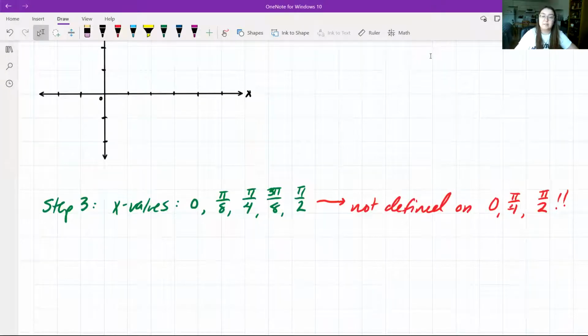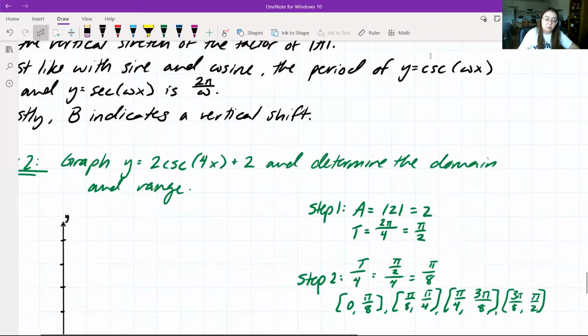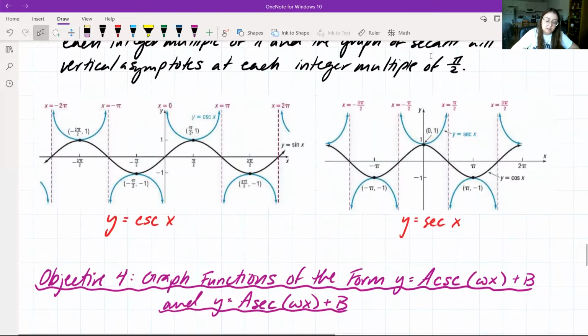So we see that it's not defined at 0, pi over 4, and pi over 2 because we are compressing our function by a factor of 4. So we're compressing by a factor of 4, which means that originally our graph of sine has values of 0 when x is equal to pi, x is equal to 0, 2 pi, negative 2 pi, things along those lines.